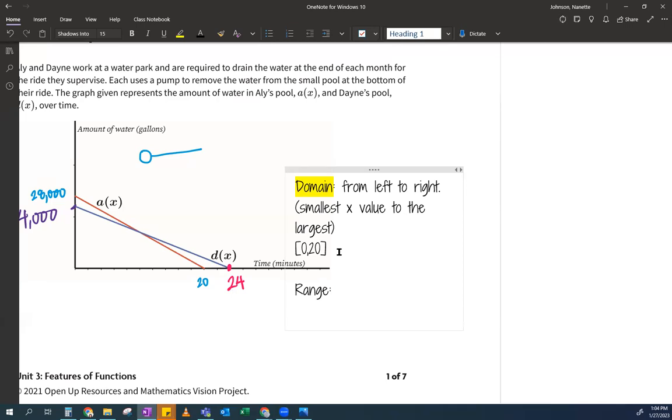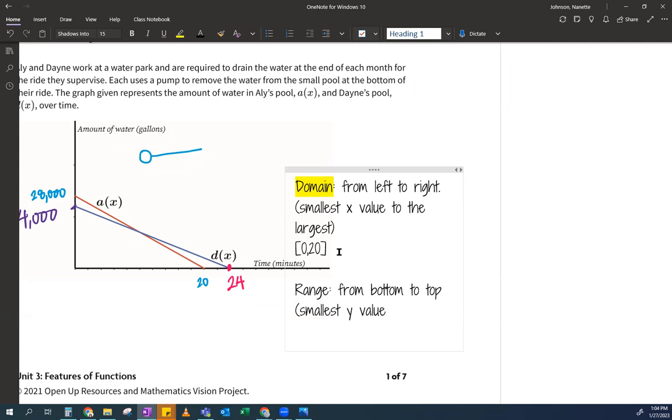Look at your range. So here, instead of looking from left to right, what are we doing? No, the other way, from bottom to top. Very good. From bottom to top. So we look at the smallest x value or y value?